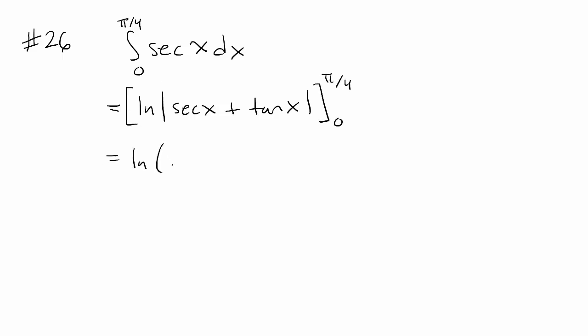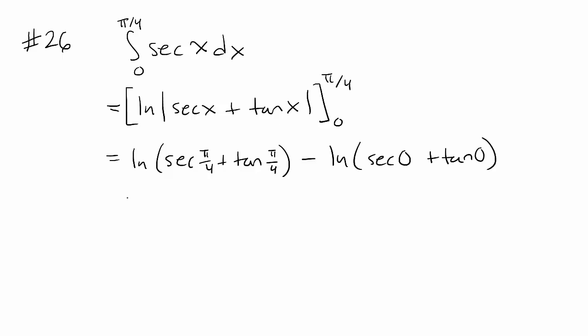All right, so I'm going to go ahead and plug in pi over 4. I'm going to subtract, and then I'm going to plug in 0. All right, then I'm just going to clean this up a little bit. So ln secant pi over 4, what's that? Let's go over here, put a little note here.